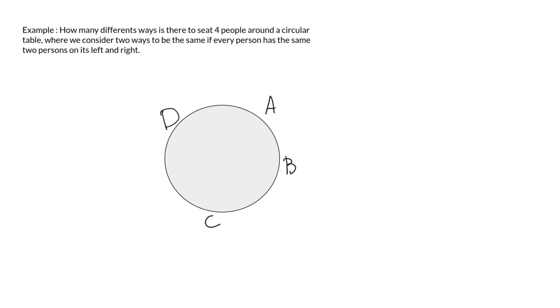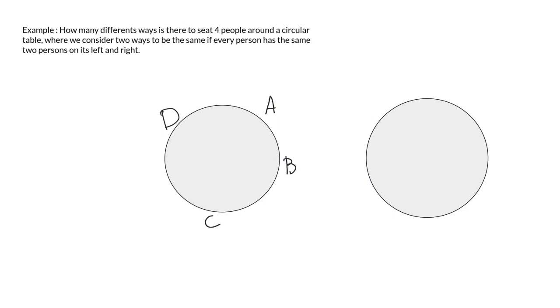And now you see that A has B on his left and has D on his right, and B has A to his right, has C to the left, and etc. Now let's take another instance. Another configuration or another way of seating people there.